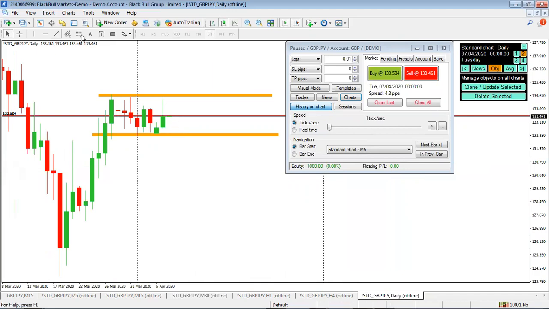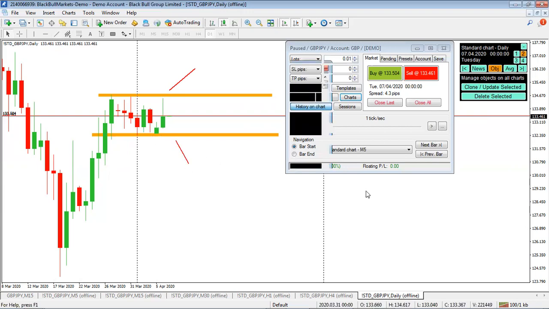Now what I see is that I expect movements to the upside. I also expect movements to the downside. Bullish and bearish, but as you all know, guys, the daily is a bit of a movie.